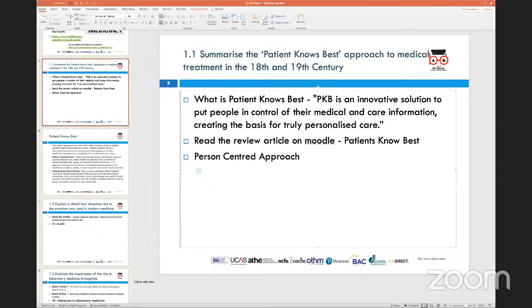Now, the person-centered approach has 7 principles. If these 7 principles are followed while providing and creating a care plan for the patient, then the focus is primarily on the patient itself. And this allows the patient to be more involved in the decision-making process, which helps the patient get better.